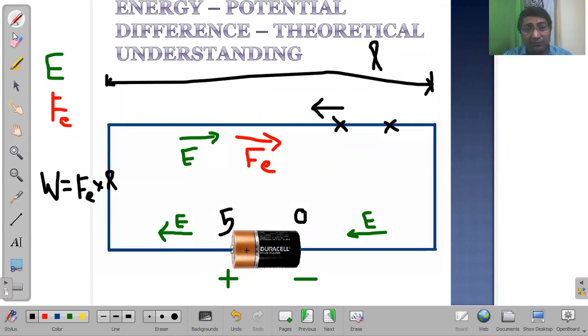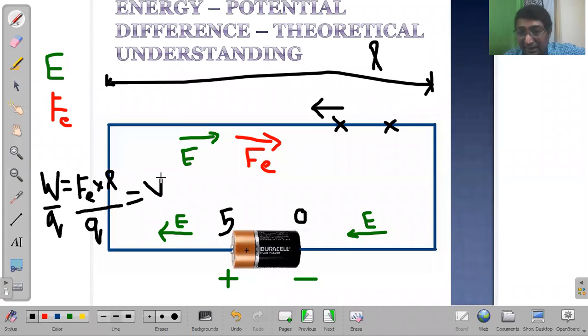The work we are speaking about is the amount of work done on all the 1,000 electrons in this wire. But if I speak about a single electron, then I have to divide work done by the charge of that single particle. So work done per charge, W by Q, is nothing but the potential or potential difference.